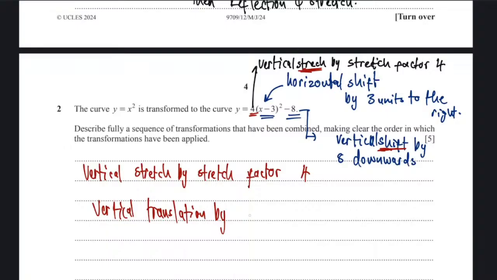You put how many units, here 8 units downward, so by vector (0, -8), which is 8 units downwards.